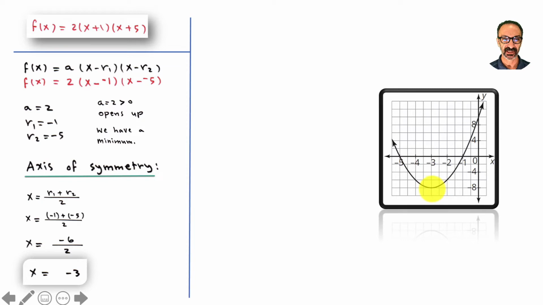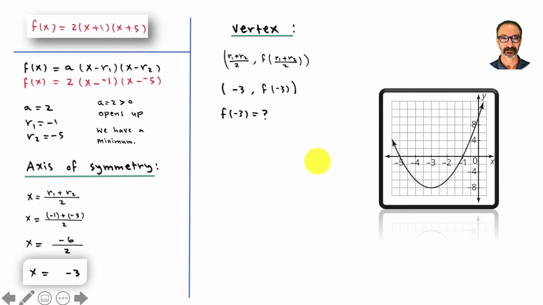Now let's see the vertex. The vertex looks like it's at -3 and -8 for the y. To find it using the equation and what we know about the vertex form, we're going to take this value that we came up from the axis of symmetry and find its output. It's -3. f of -3, we have to plug it in, just like that.